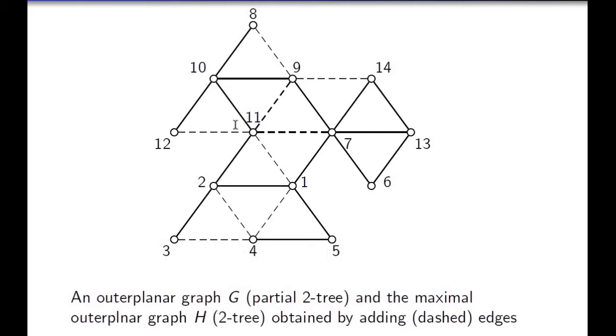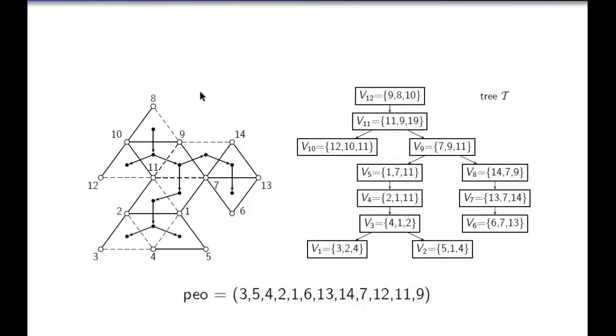First, given a graph G, we automatically obtain a maximal outerplanar graph H. In this case, the maximal outerplanar graph H is obtained by adding the dashed edges. Next, we must find a so-called perfect elimination order, which helps us traverse the whole graph step by step in linear time.